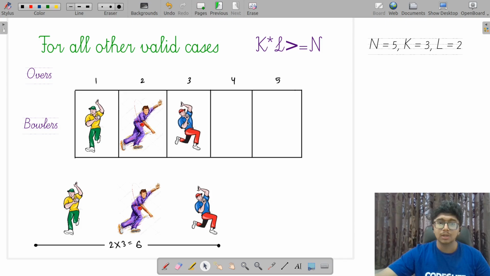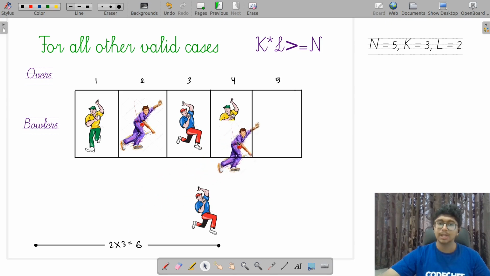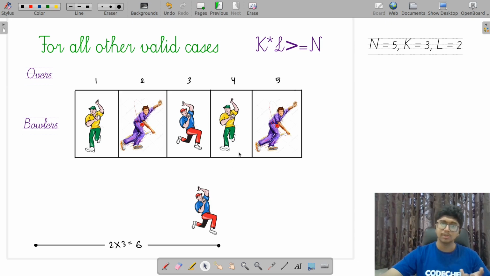Similarly, we assign the third over to the third bowler. Now, since the number of bowlers is exhausted, we start from 1 again, and we assign the fourth over to the first bowler. Similarly, we assign the fifth over to the second bowler until we exhaust n, right? So now n is completed, which means it is not necessary that the third bowler bowls his second over. So this is a valid answer, right? We can print out 1, 2, 3, 1, 2 as our answer.